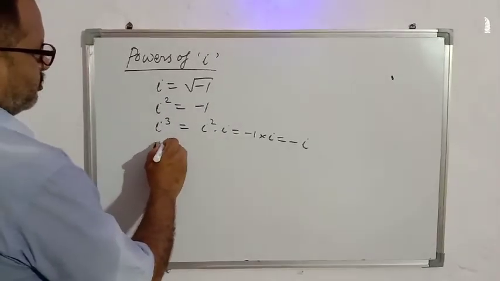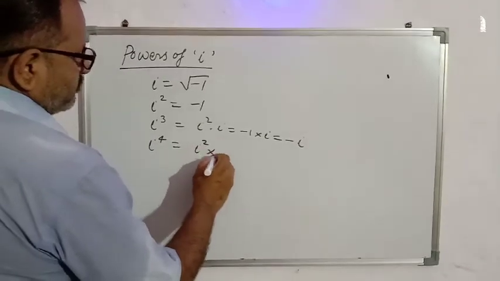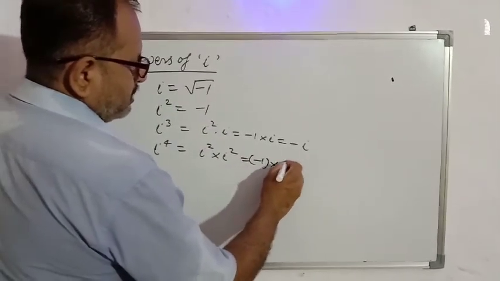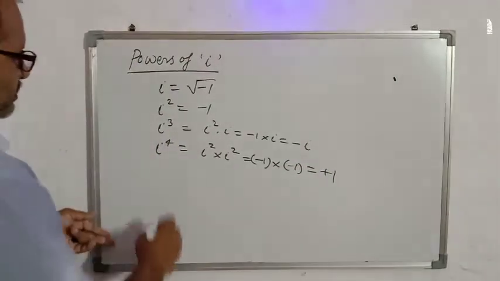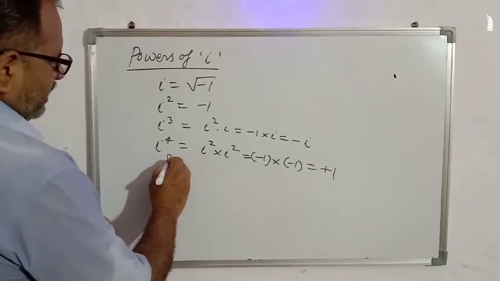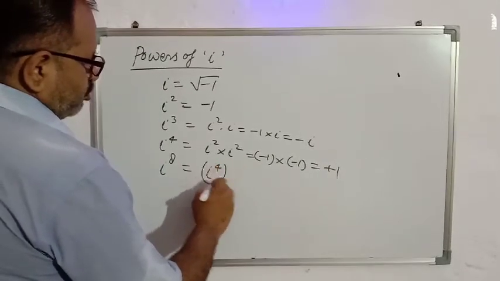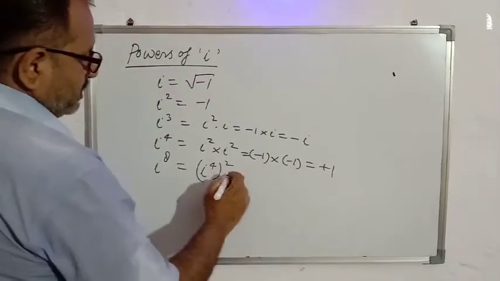Next, i to the power 4. i to the power 4 means i square into i square, minus 1 into minus 1. So it will be plus 1. Similarly, we can take i to the power 8. We can write i to the power 8 as i to the power 4 whole square, and the value of i to the power 4 is 1.